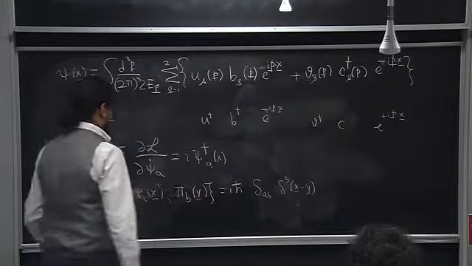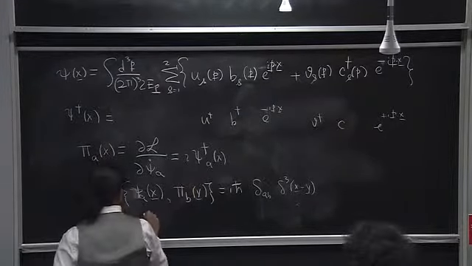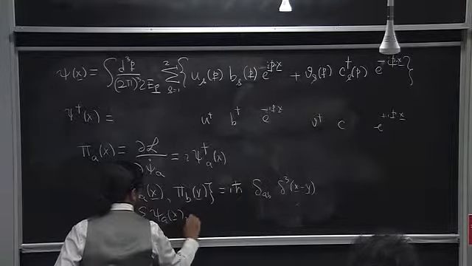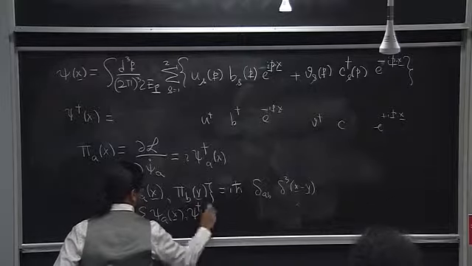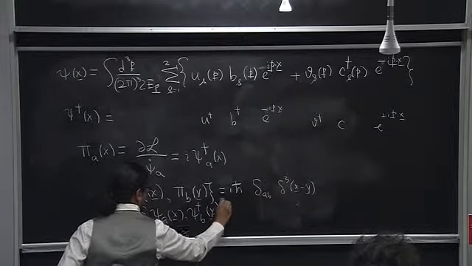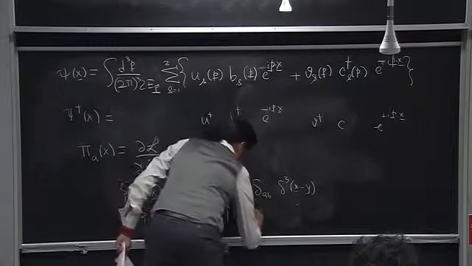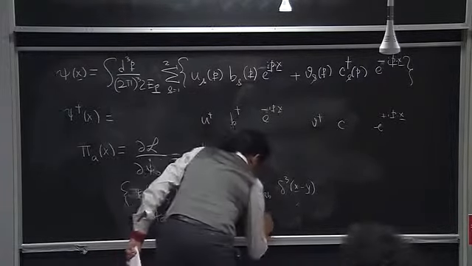And now if you put in the expression for pi, the factors of i drop out from both sides.